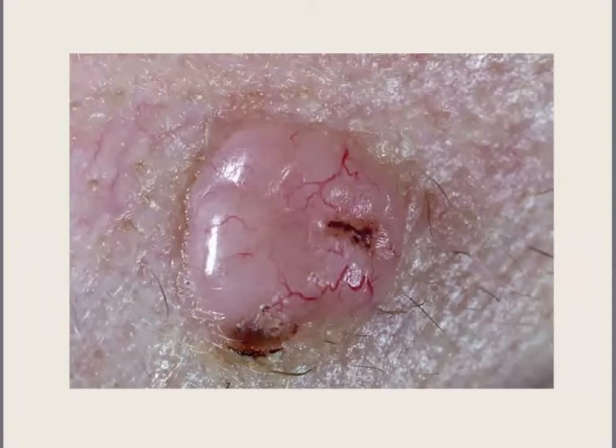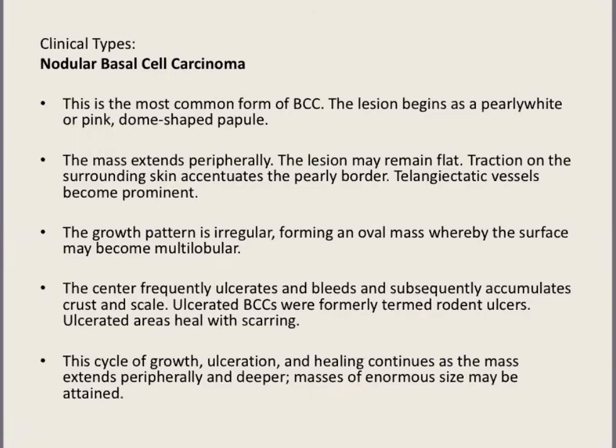Pink or pearly white papule, well demarcated, lobular surface, irregular in margin, with telangiectatic blood vessels. This is the typical BCC or nodular BCC.